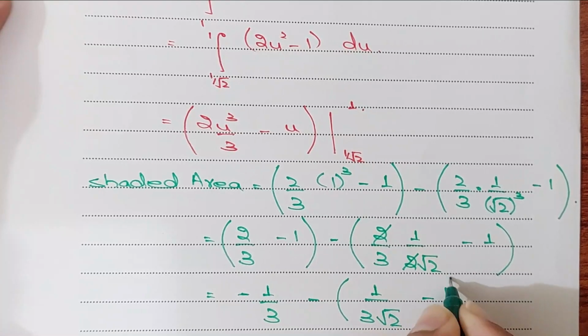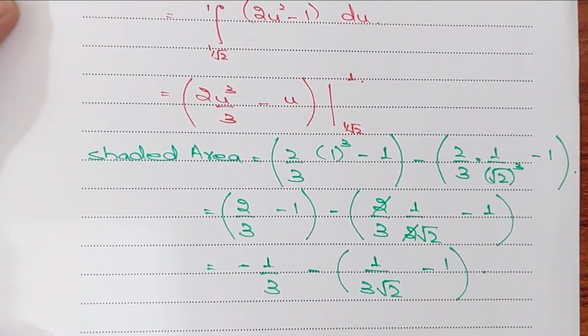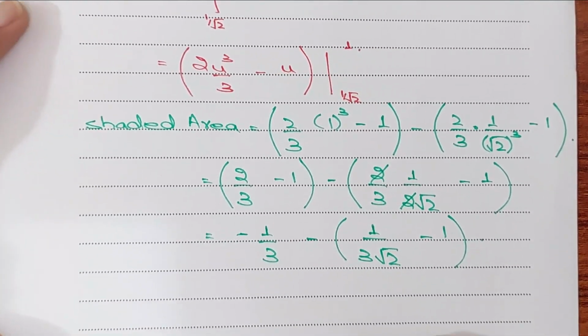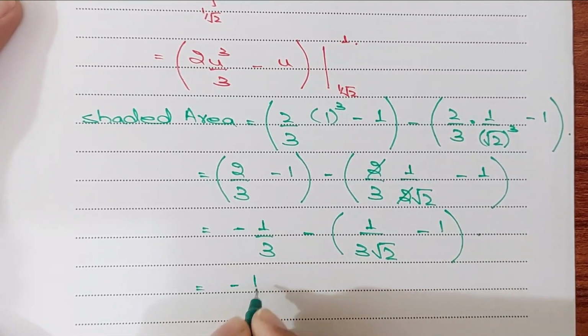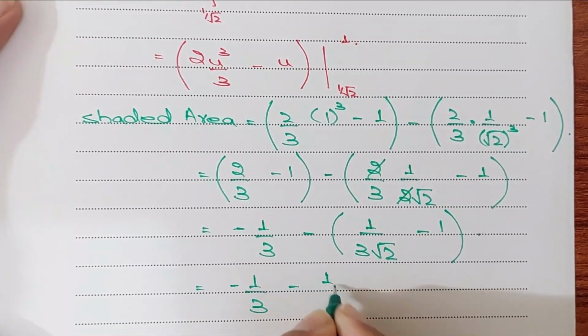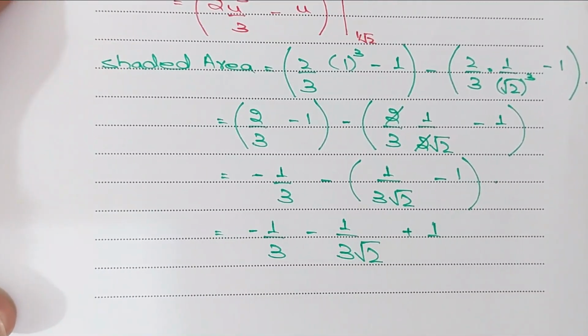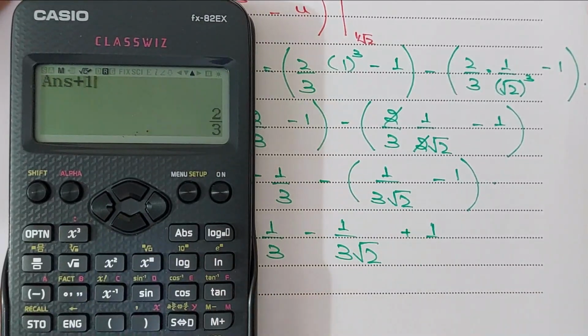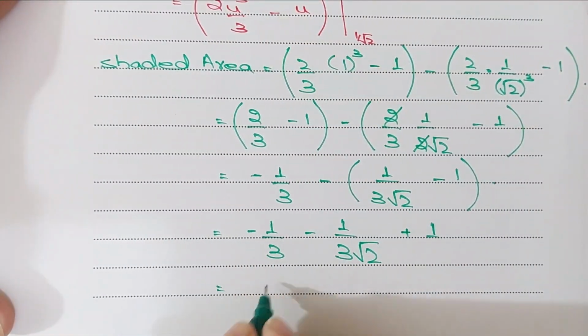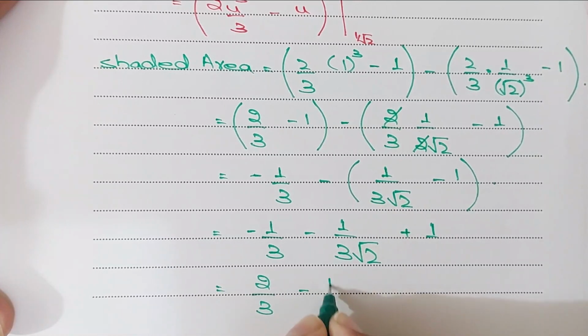This is equal to minus 1 by 3 and minus 1 over 3 square root of 2, minus 1. Further simplification: minus times minus is plus, so minus 1 by 3 plus 1, this is 2 by 3, 2 by 3 minus 1 by 3 square root of 2.